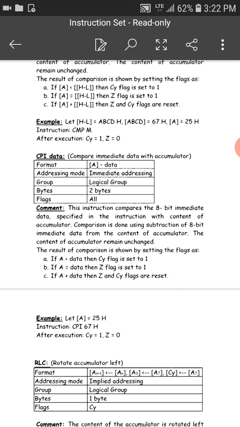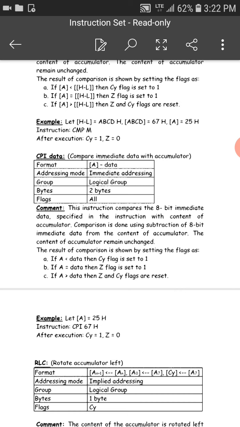So again I am revising. If your accumulator content is less than HL, then your carry flag is set. Okay, and if your accumulator content is equal to HL, then the Z flag is set, and if your accumulator content is greater than HL, then the Z and CY flags are reset.